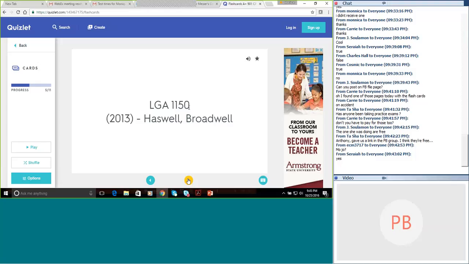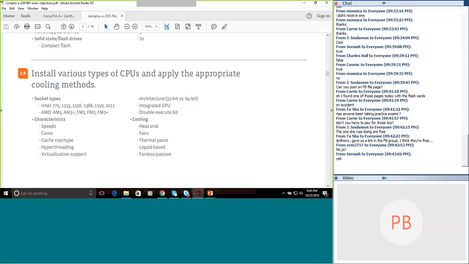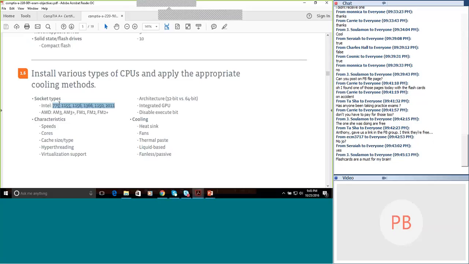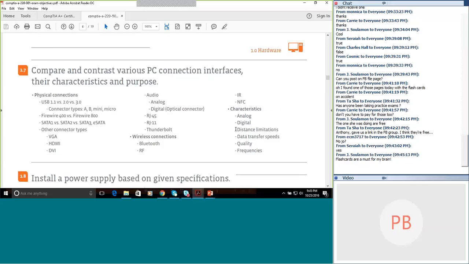This is what I'm saying when it comes to the objectives. You see right here? These are the ones that they're going to ask questions about. And we need to familiarize ourselves with those terms and that information. PC connection interfaces.